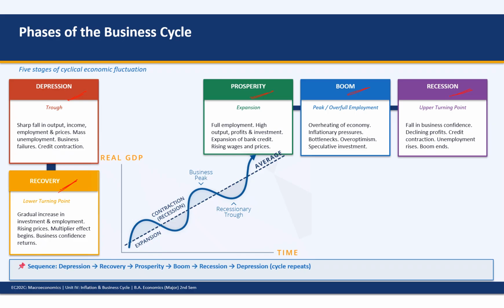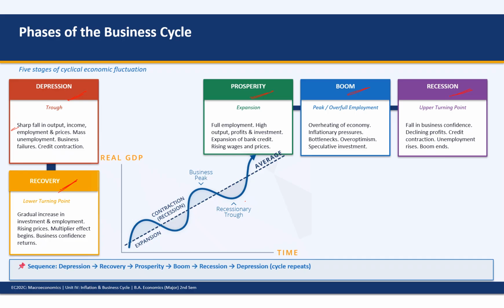This point is also known as the trough. In this phase, production falls sharply, income falls, employment becomes very slow, and prices also decline. So during depression, many factories may reduce output, some farms shut down, and workers lose jobs.